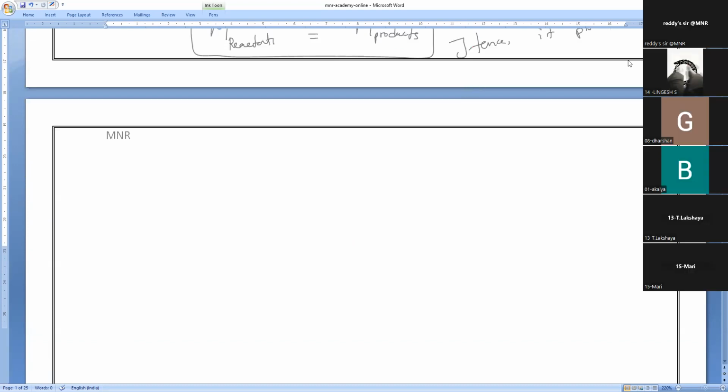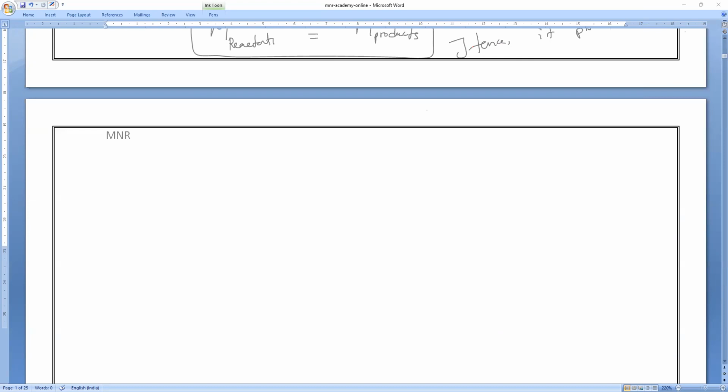Both are the same. So the formula is NaHCO3. Please remember.